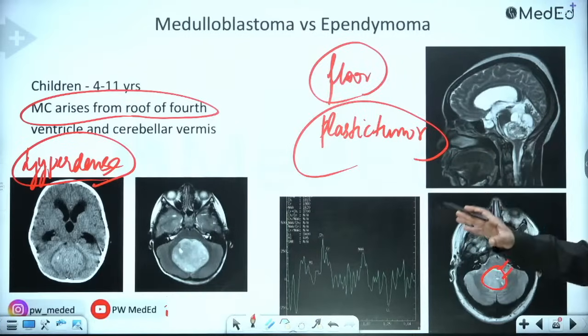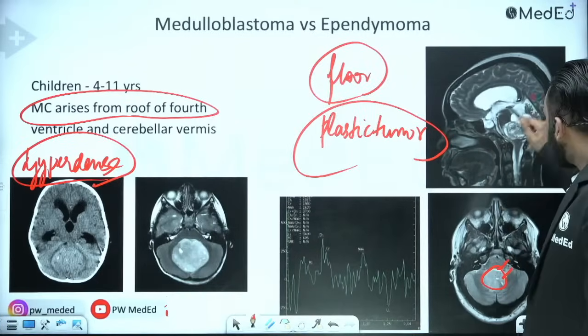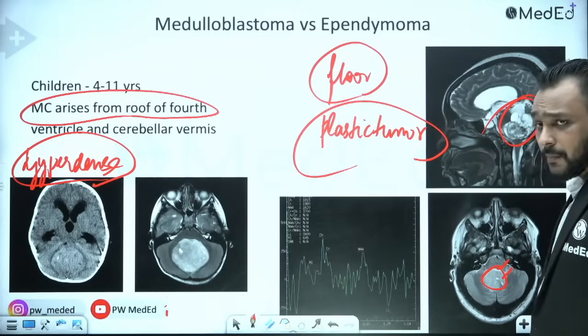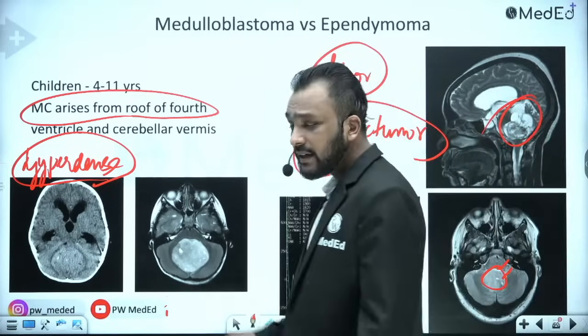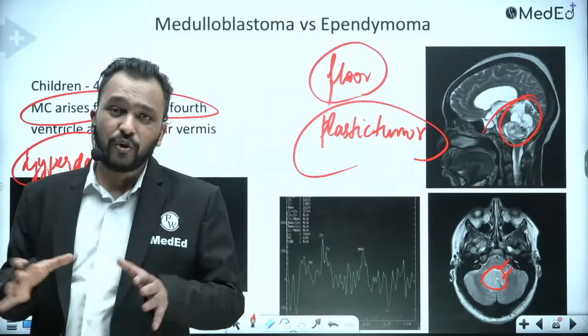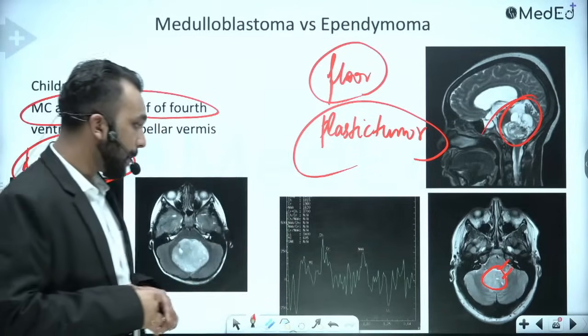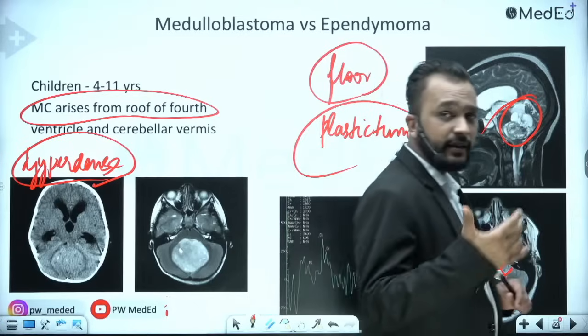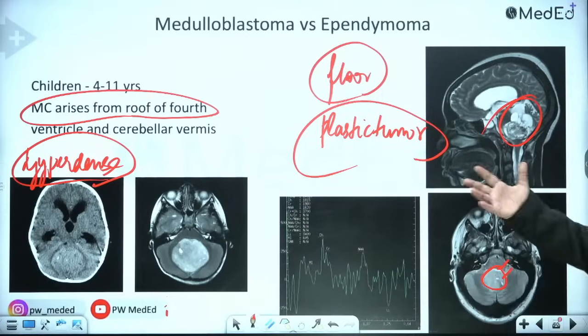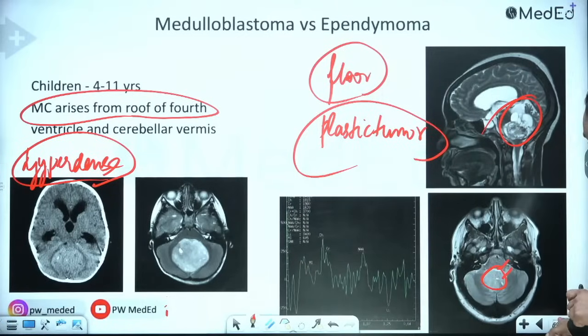Ependymoma will be a solid cystic lesion. Cystic component can be present within the lesion, whereas medulloblastoma is a more homogeneous lesion. You will not see hemorrhage or cyst within the medulloblastoma.